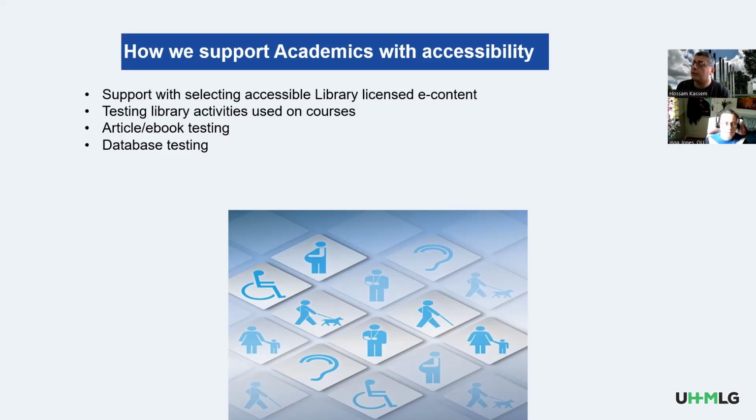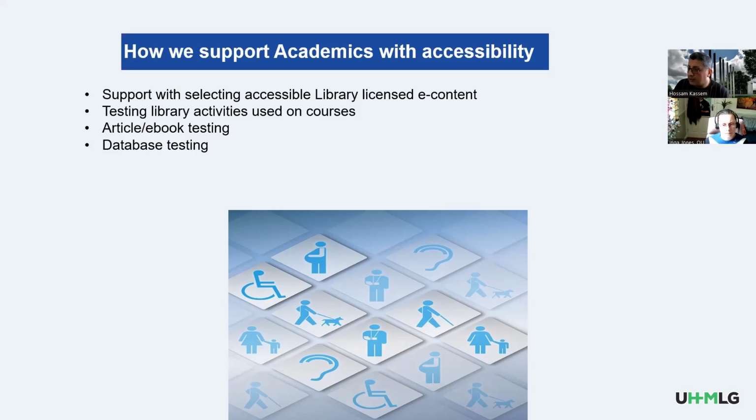So if the module team chooses to use a database, let's say, considering that we are medical libraries, if you are going to use Ovid, Medline Ovid, we run this through the accessibility testing. And if it's accessible, great, we don't need to do anything. When we say accessible, I'm going to talk about what we test exactly. But if it's not accessible, then we will have a chat with the publishers, as I will talk about later.